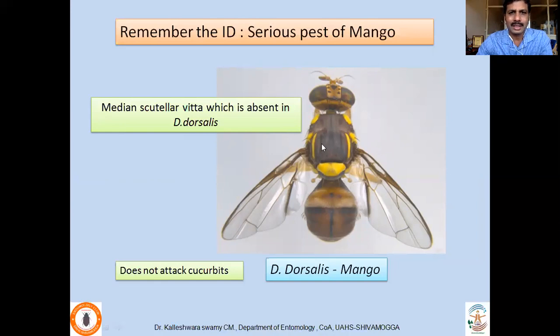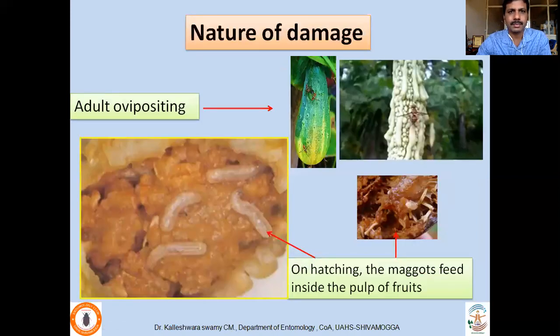But Dacus dorsalis also has two scutellar vittae, but it may not have these two spots which Dacus ciliatus has. So it may confuse us with the cucurbit fruit fly complex, but there are a lot of taxonomic characters whereby we can distinguish it from the mango fruit fly complex.